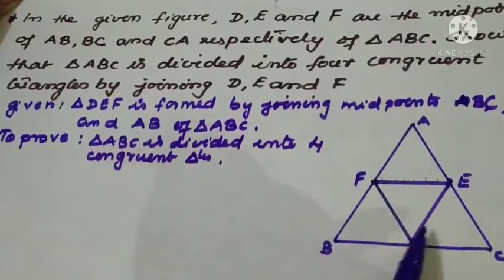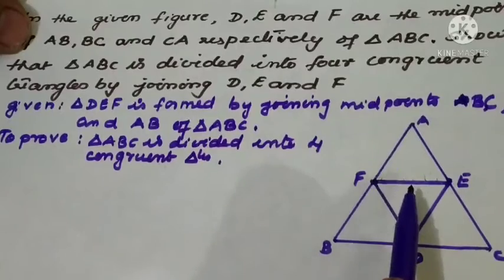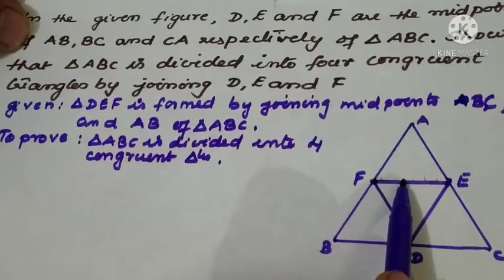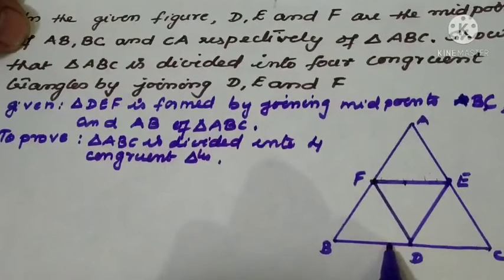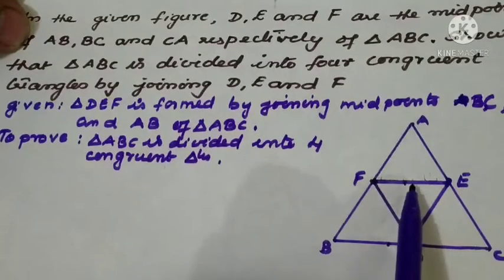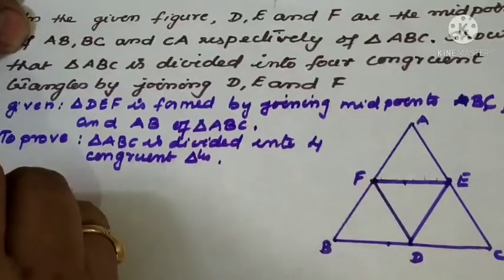For that we can use the midpoint theorem, because F and E are the midpoints of AB and AC. So by midpoint theorem, FE is parallel to BC and FE equal to half BC. So FE is parallel to BD as well as FE equal to half BD. Proof.